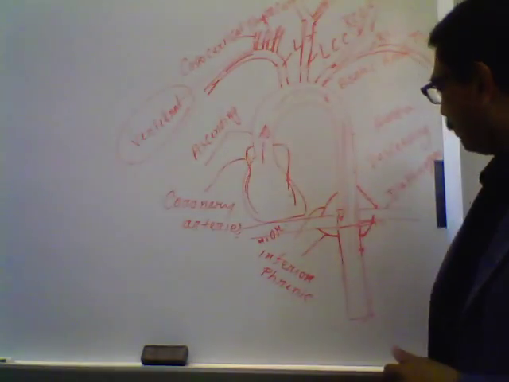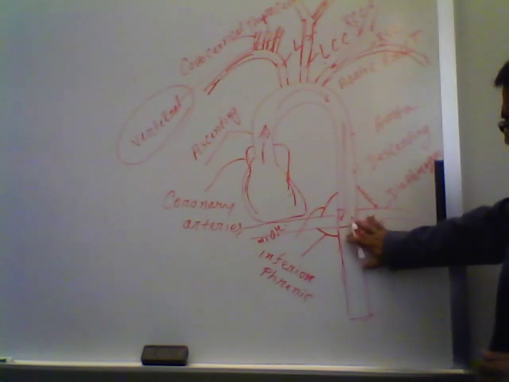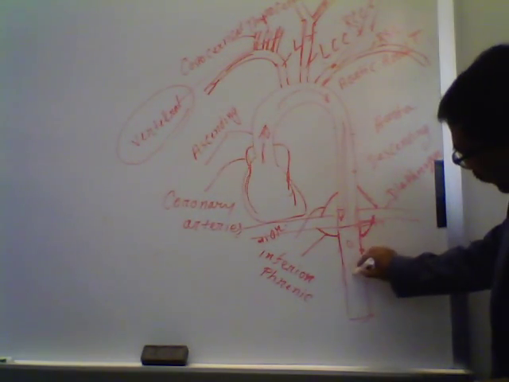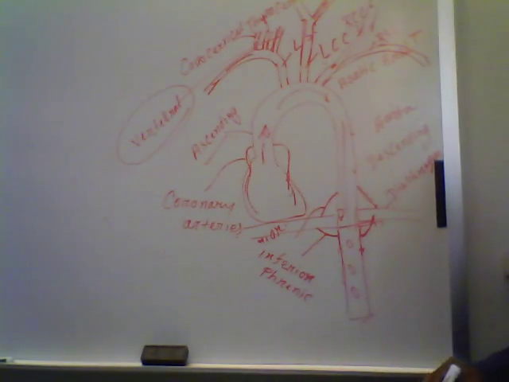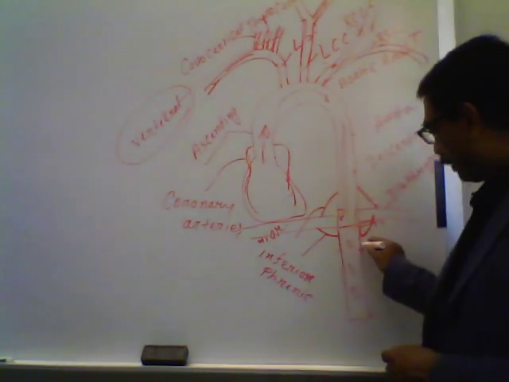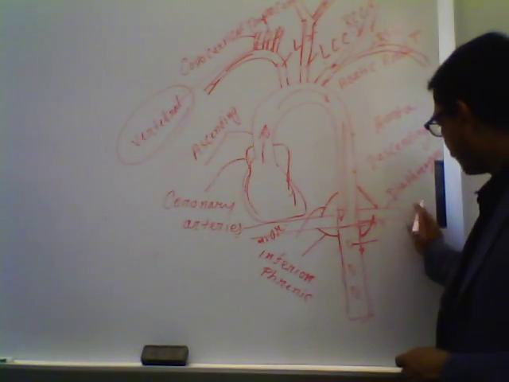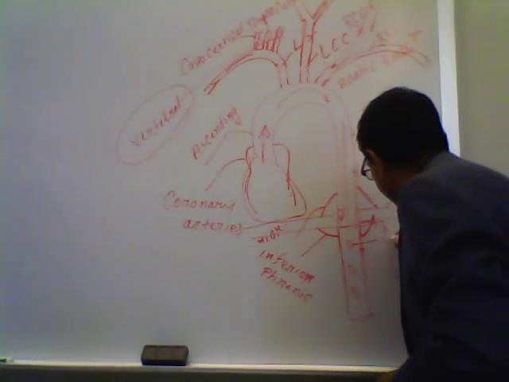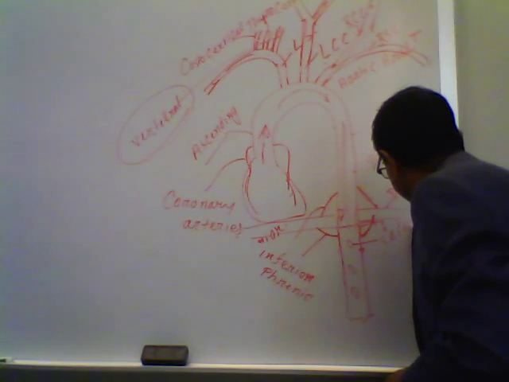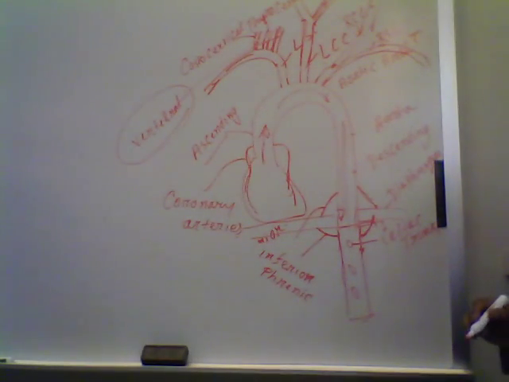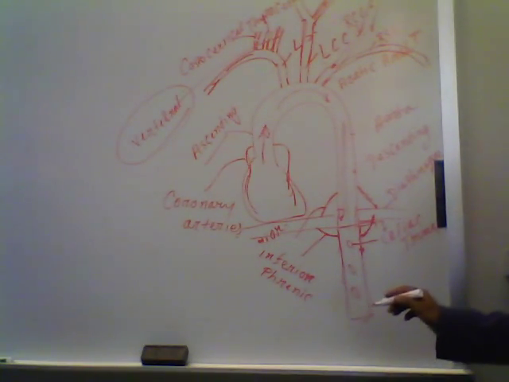And then from the front of the abdominal aorta, you have a few arteries. Just remember the names. The superior one is the celiac trunk. Can you see?